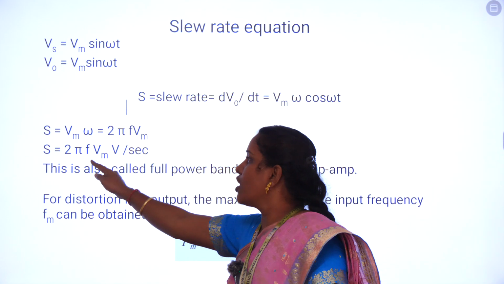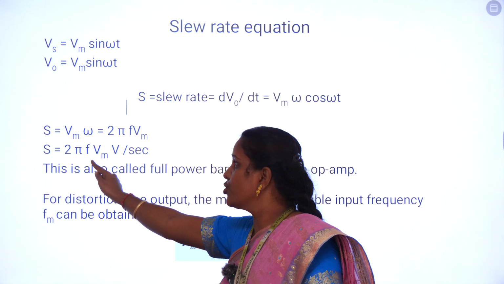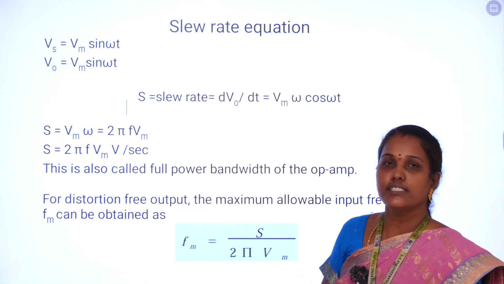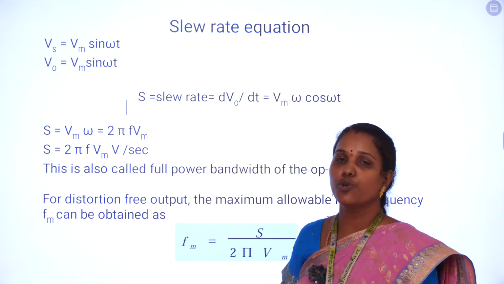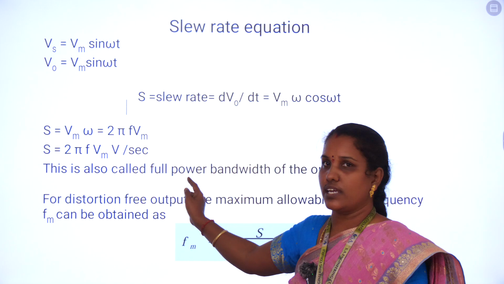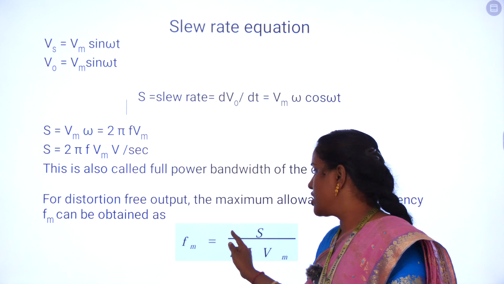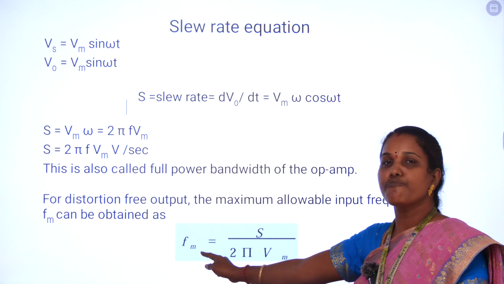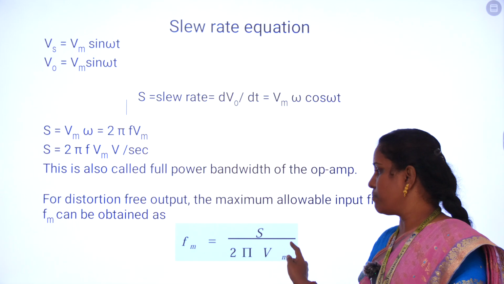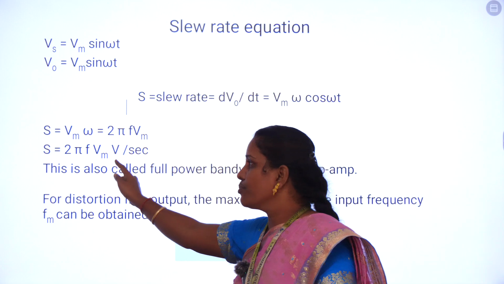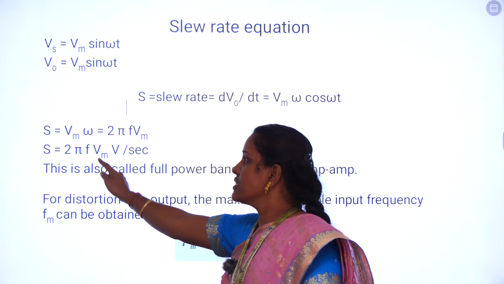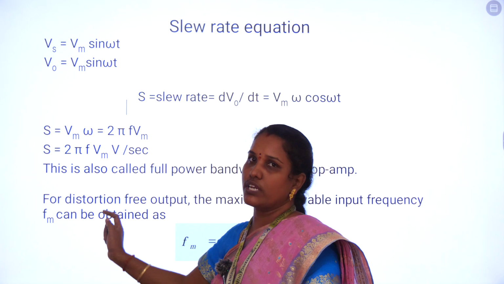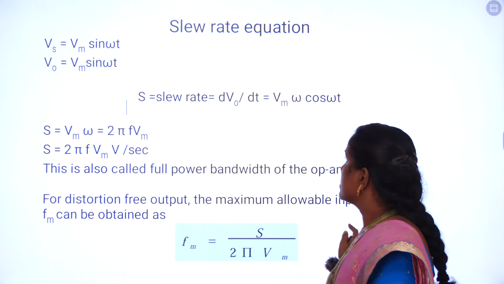So the slew rate S is equal to 2 pi f Vm volt per second. But for AC signals given to the IC741, the unit is volts per microsecond, so you want to convert it into microseconds. Finally, the maximum frequency fm is equal to S divided by 2 pi Vm, multiplied by 10 power 6 for microseconds. So S is equal to 2 pi f Vm divided by 10 power 6. This is nothing but the slew rate.